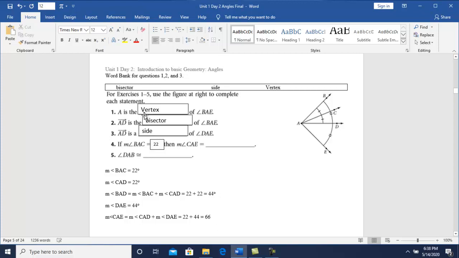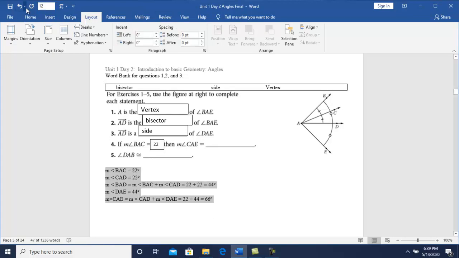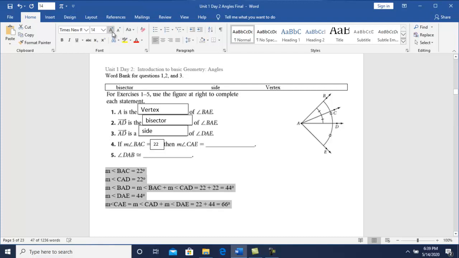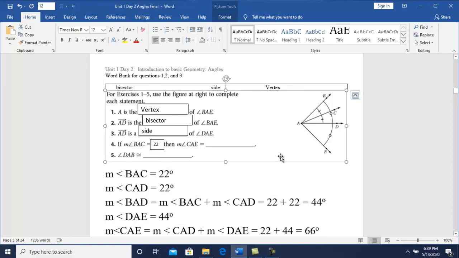So just to recap, let's see if I can make this a little bigger. Remember, in the beginning, we said that BAC, this little angle right here, was 22, and this lower half would have to be 22 because you have an angle bisector here.